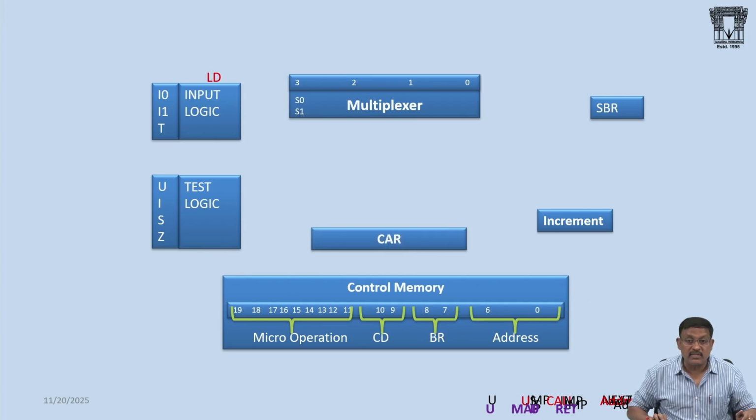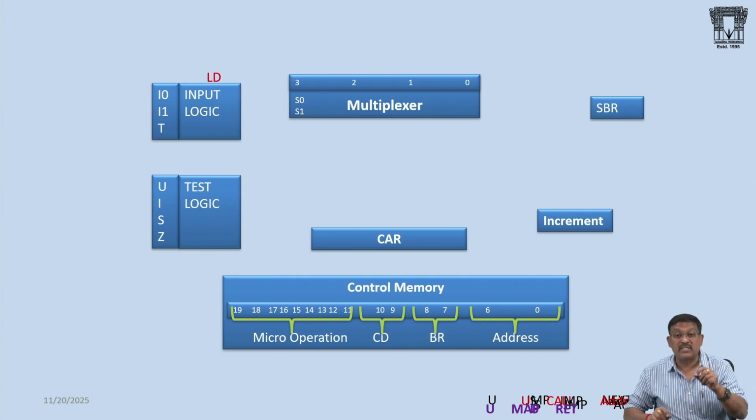Now my control address register came into the picture. This is the control address register. What is the register used to access the main memory? Address register. That is the main memory. This is the control memory. The address register, with a prefix C, the control address register, is used to access the control memory locations.